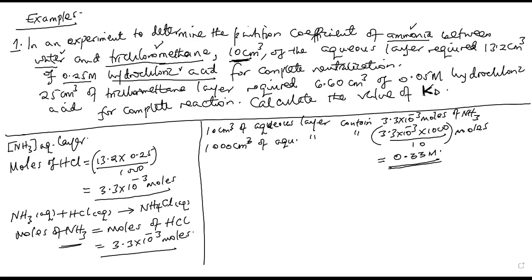Yes. Now we go to the organic layer. They're saying that 25 cubic centimeters of trichloromethane layer required 6.6 cubic centimeters of 0.05 molar hydrochloric acid. So that was the aqueous layer, it's done. Now we are going to the concentration of ammonia in the organic layer. We need to first get moles of hydrochloric acid.